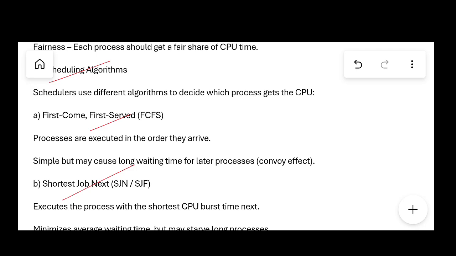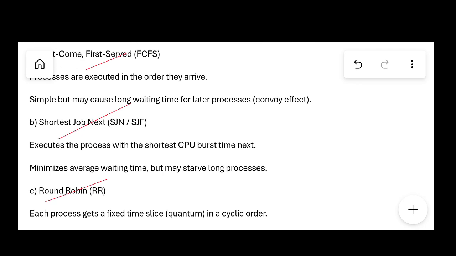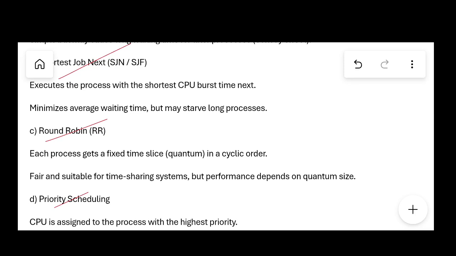Then shortest job next, meaning cook the smallest dish first. It reduces overall waiting, but customers with big orders may feel ignored. Then round robin gives each customer a small portion at a time, then moves to the next customer. Fair, everyone gets attention quickly.